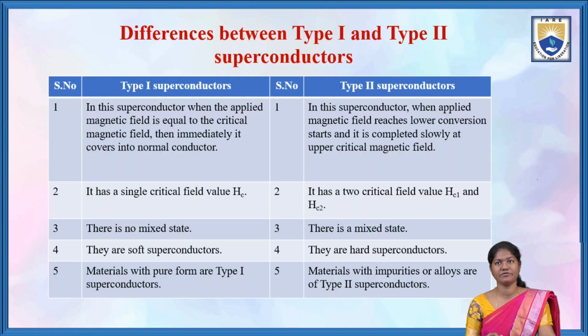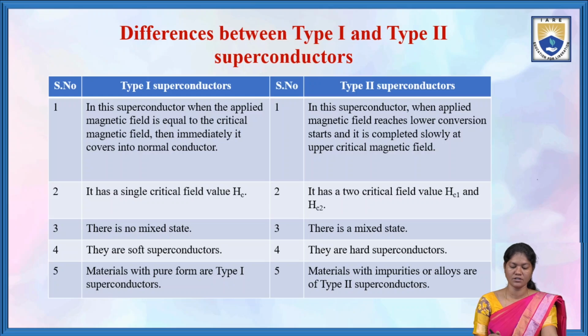Coming to the differences between type 1 and type 2 superconductors. In type 1 superconductors, when the applied magnetic field is equal to the critical magnetic field, immediately it converts into a normal conductor.